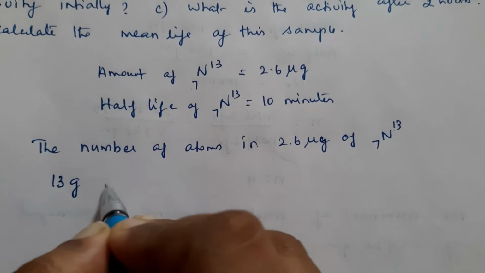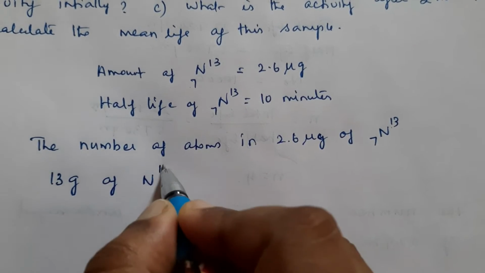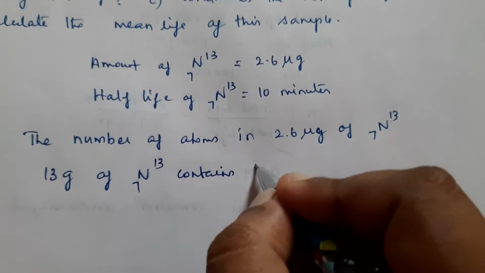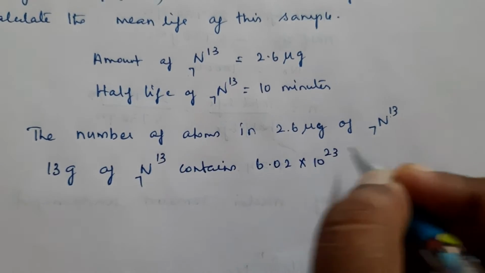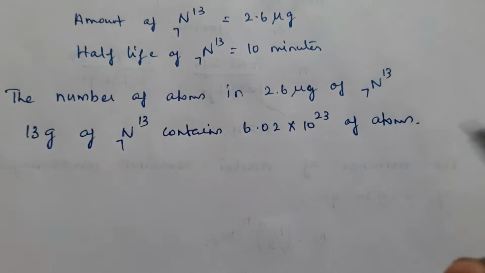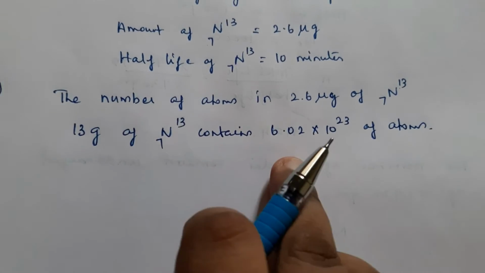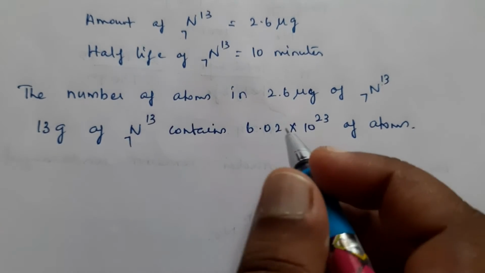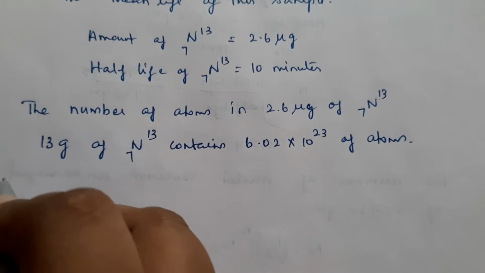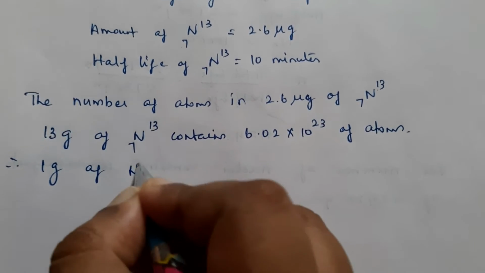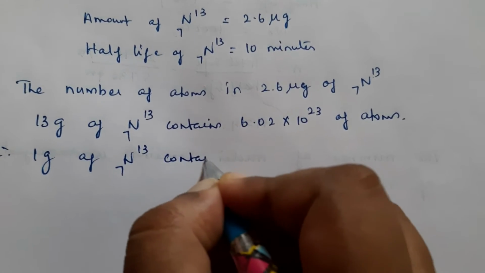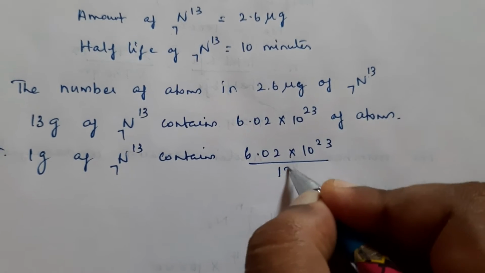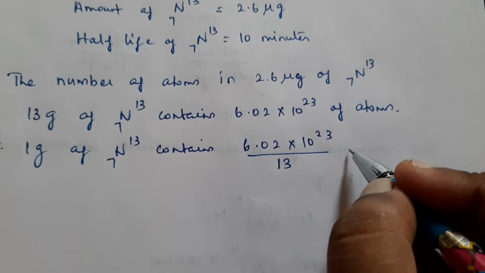So 13 gram of nitrogen 13.7 contains 6.02 into 10 raised to 23 atoms, that is Avogadro number of atoms. So 13 gram of nitrogen contains 6.02 into 10 raised to 23 atoms. Therefore 1 gram of nitrogen contains 6.02 into 10 raised to 23 divided by 13 atoms.